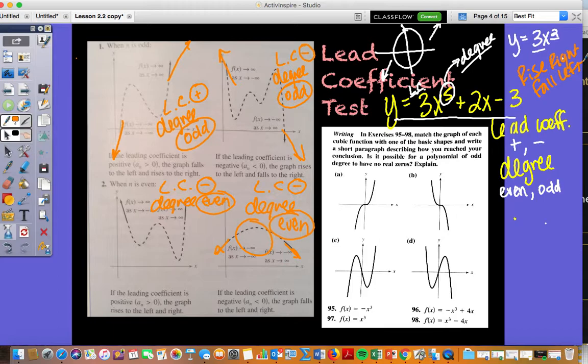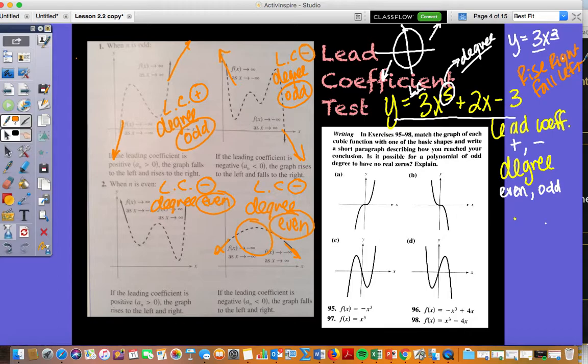What about these graphs? Good question. So if it's negative, that's what? What's the lead coefficient? Is it positive or negative? Good. Where would be the interchange on that?